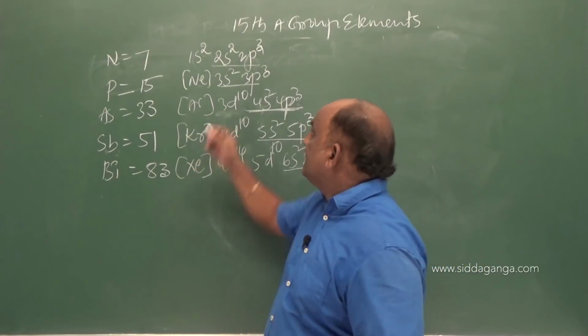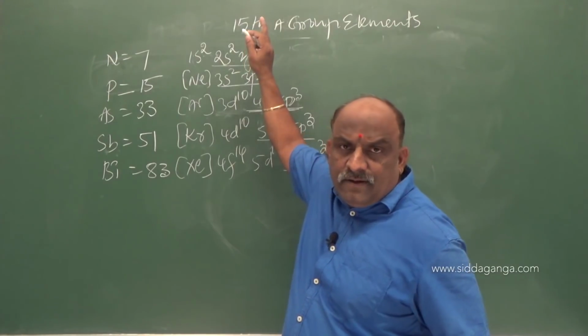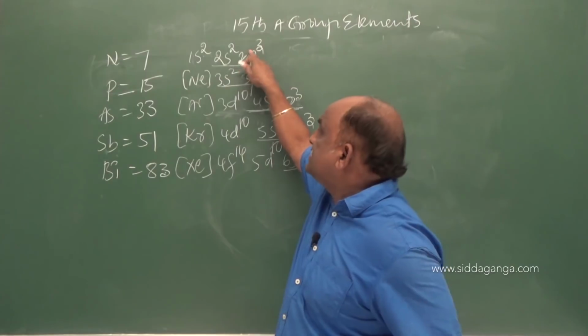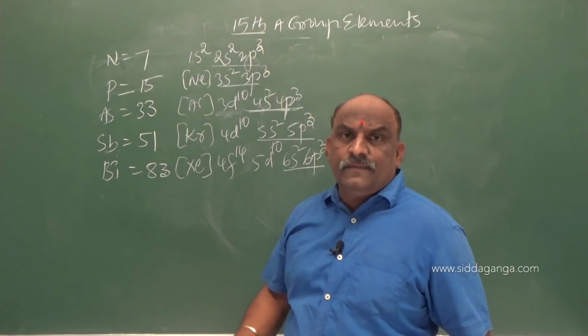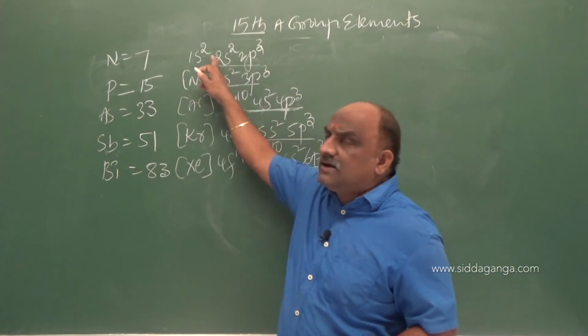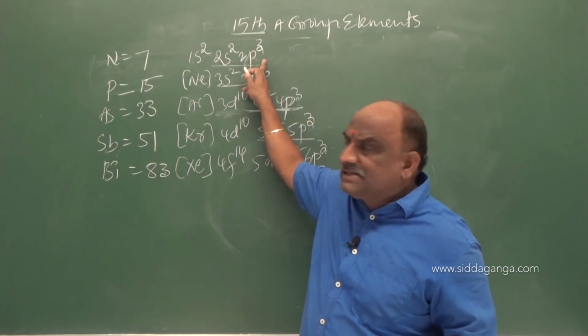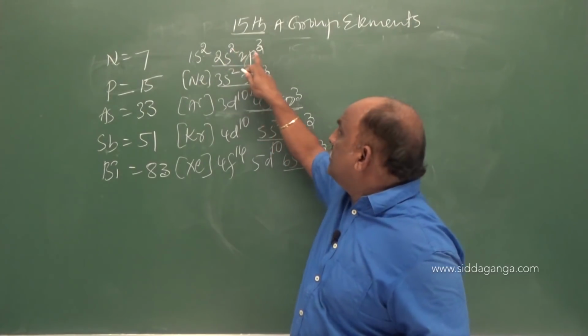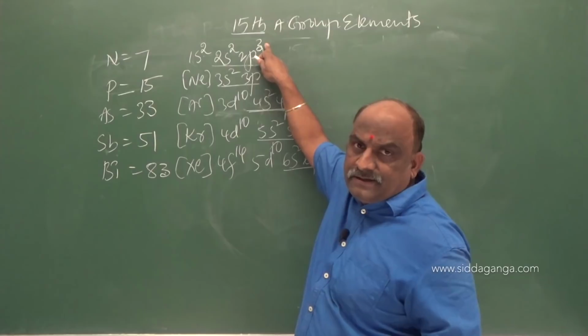So what will be the general electronic configuration of 15th group elements? This is a very important point from the NCERT examination point of view. The general electronic configuration of 15th group elements: s orbital 2 electrons, p orbital 3 electrons.